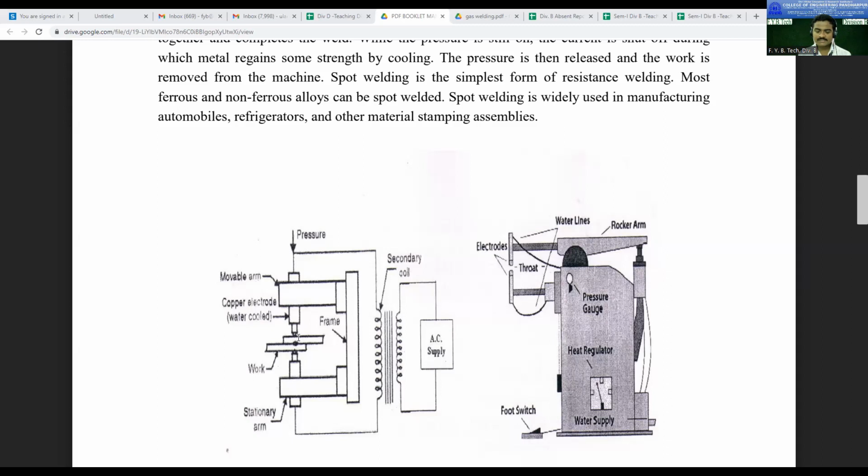A low voltage current is passed between the electrodes, full stop.